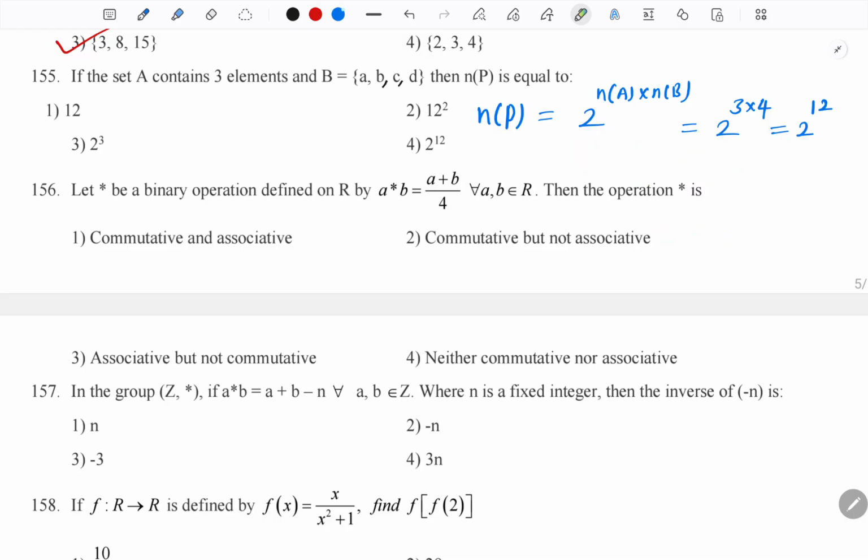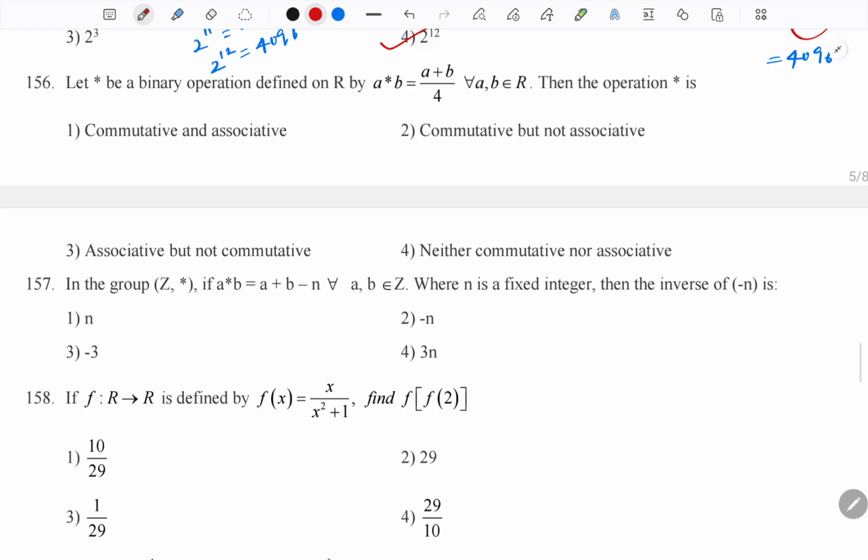I will write those answers also. Here 2 power 10 is 1024, 2 power 11 is 2048, 2 power 12 is 4096. Then it will become 4096. They didn't give the value, they gave that much only. So which one is the correct answer? 2 power 12 is the right answer, my option 4.